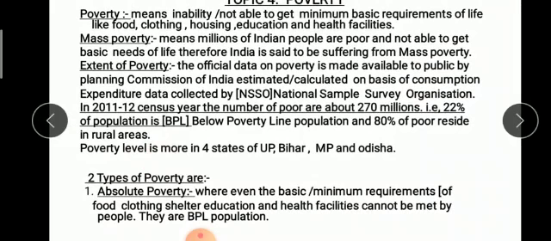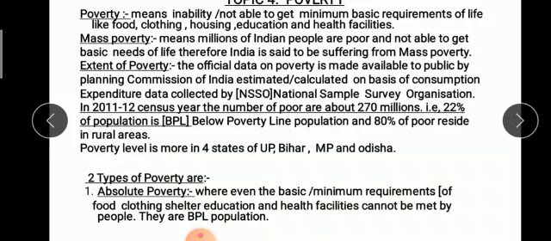It is estimated on the basis of consumption expenditure, with data collected by NSSO, the National Sample Survey Organization. You can just cut it short and say this data is provided by the Planning Commission of India through the National Sample Survey Organization.